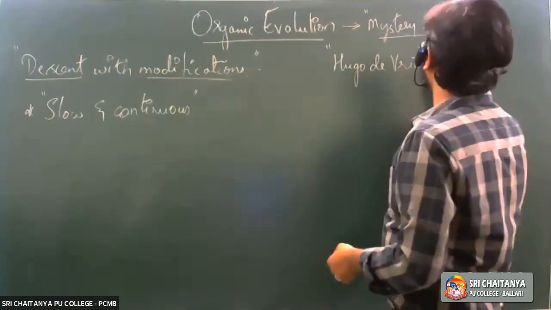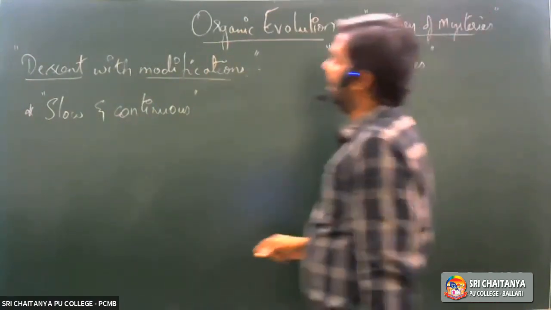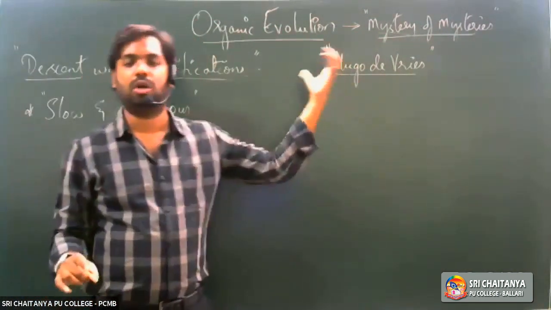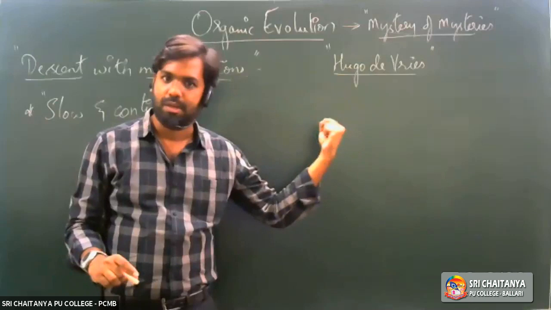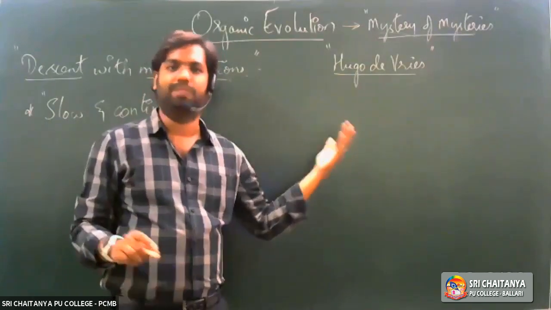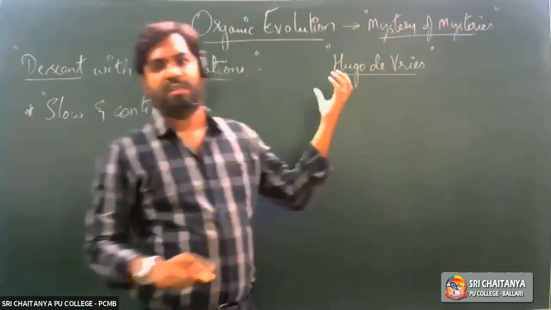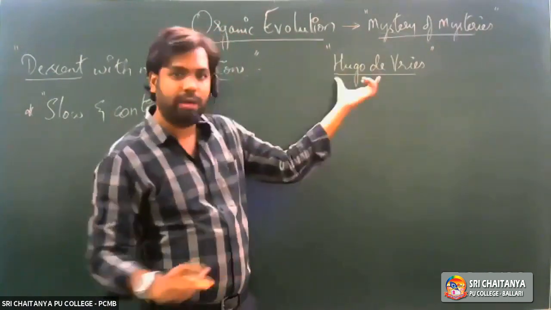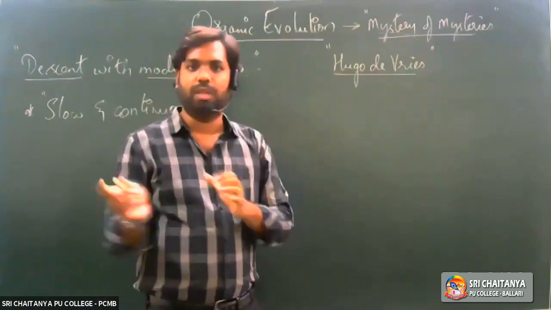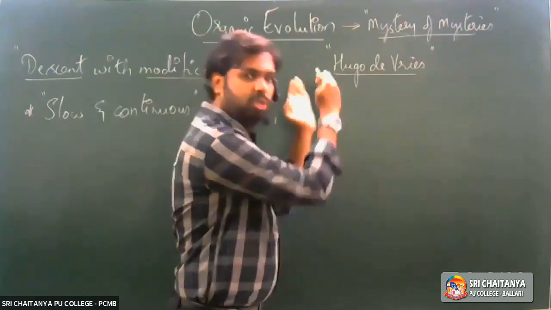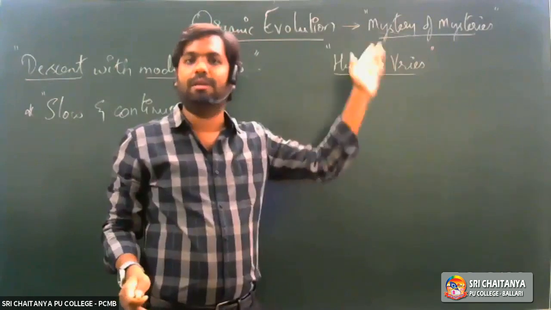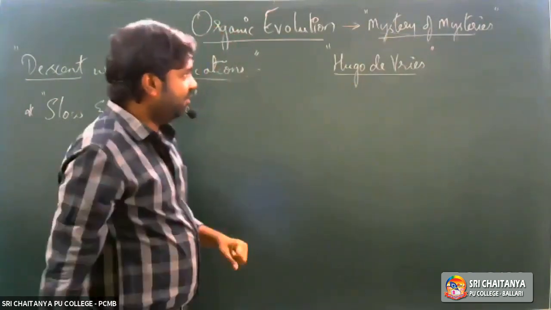Hugo de Vries is another scientist who did extensive work on evolution, and he is well known for his concept of mutation. We studied in the previous chapter that the term mutation was coined by Hugo de Vries, and the work on mutation was a result of his work on a plant called Oenothera lamarckiana.